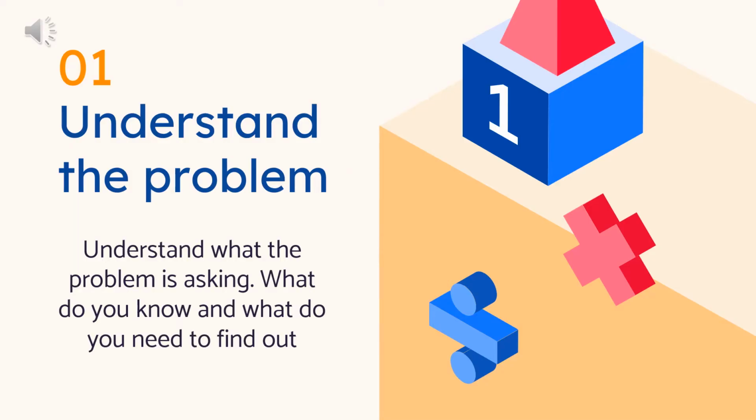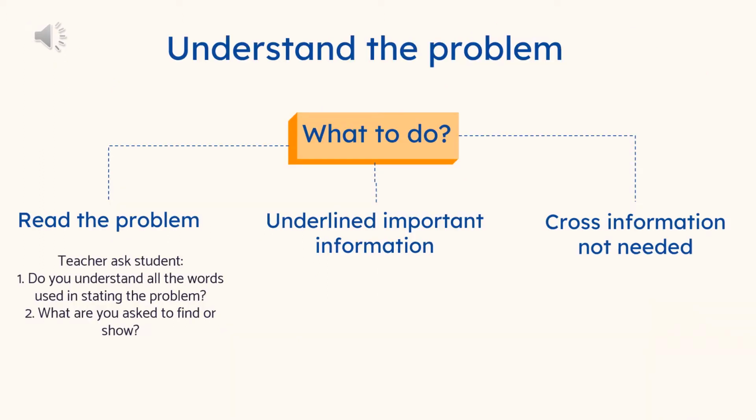Polya's first principle is understand the problem. In this principle, students must understand what the problem is asking, what they know from the question, and what they need to find out. What do students need to do to understand the problem? As a teacher, first I will ask students to read the problem slowly and carefully.